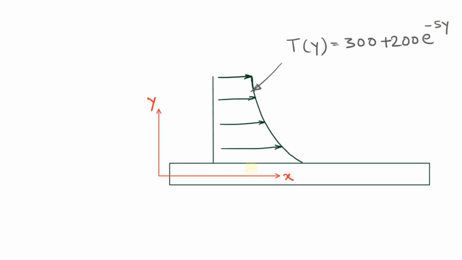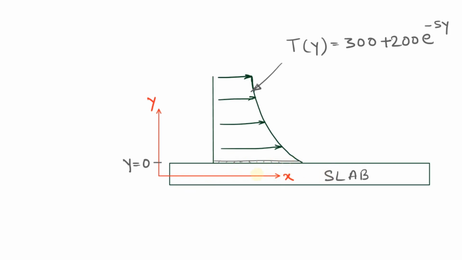This surface here is at y equal to 0, the top of the surface, and the thermal boundary layer in contact with the slab is this very thin layer.